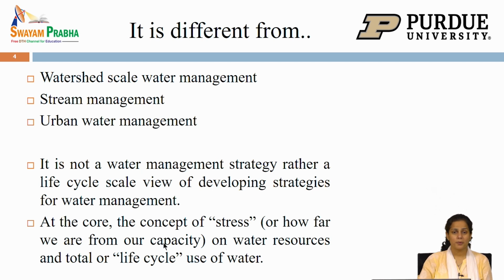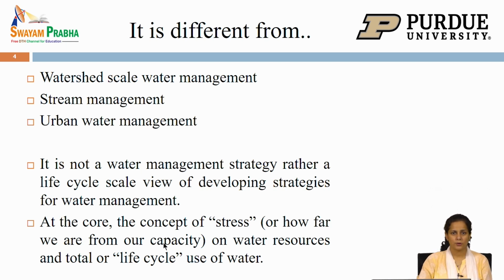At the core, if you remember in ecological footprint, we talked about the actual land requirement to support the production versus the available biocapacity. In this case, at the core, the concept is of stress. In terms of that, what is the available water capacity or the available water resources for consumption, and what is the dependence of different production activities at the life cycle scale on water resources.